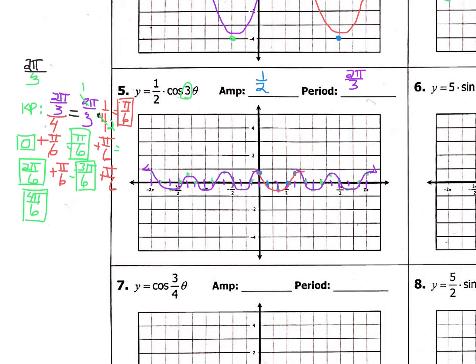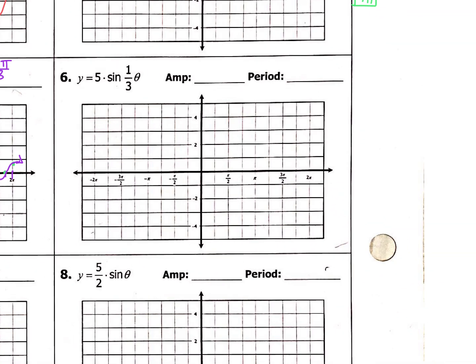Okay, so then let's do our very last one, and then you get to do homework. So for this last one, we have an amplitude of 5, so that means we're going to go up to 5 and down to 5, and then we need to adjust our period. So to find our period, we are going to take 2 pi and divide it by the value that's in front of theta.